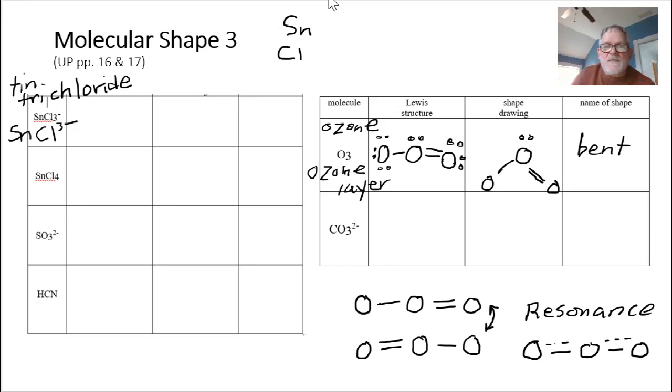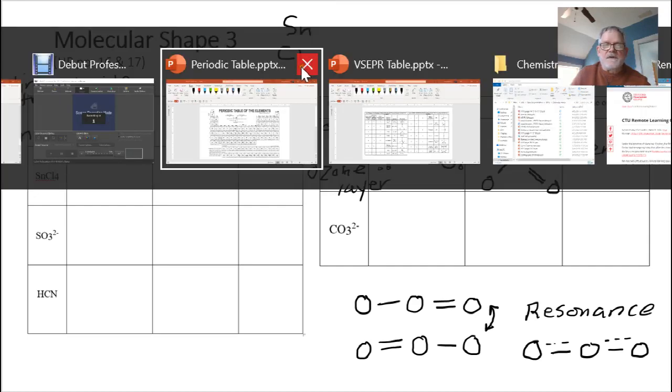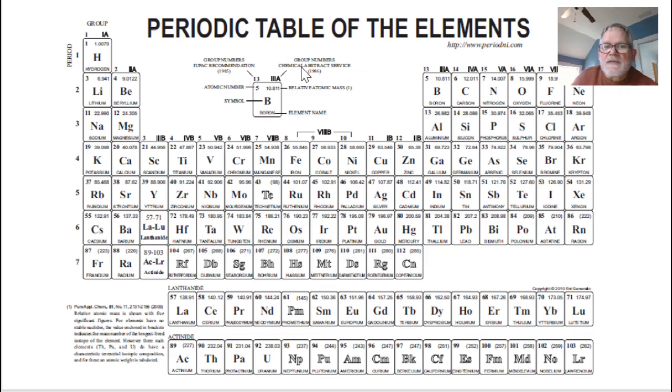So the next step, we have to figure out how many valence electrons or outer electrons there are in each of these atoms. To do that, we have to go to the periodic table. So I'm going to go to our periodic table. Here we are. Now I need to look for tin. Here's tin right here, and chlorine right here.